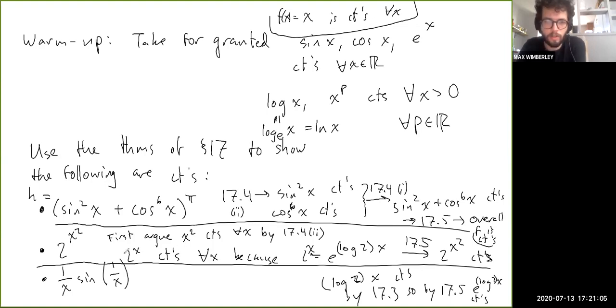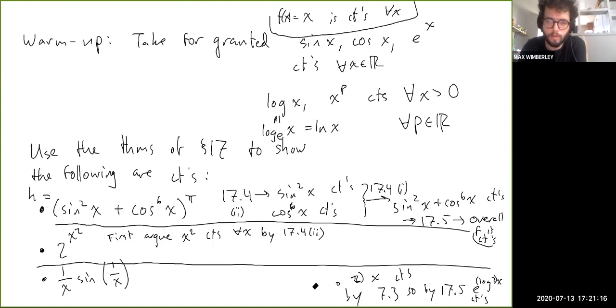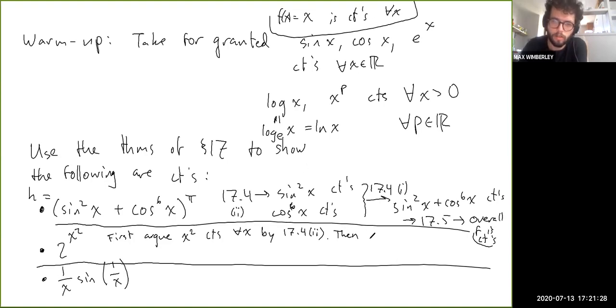I guess actually you can do it more directly by just saying log of 2 times x squared. Then log of 2 times x squared is continuous by 17.3 again.